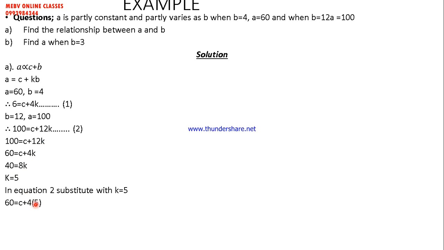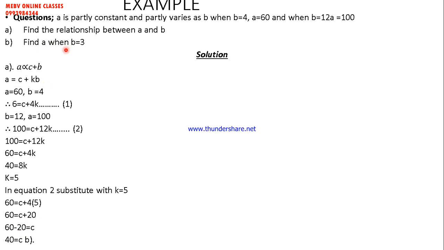Where there is K, put 5, which means we have 60 equal to C plus 4 times 5. That is 60 equal to C plus 20. To find C, let's move 20 to the other side, which gives 60 minus 20, so C is equal to 40.